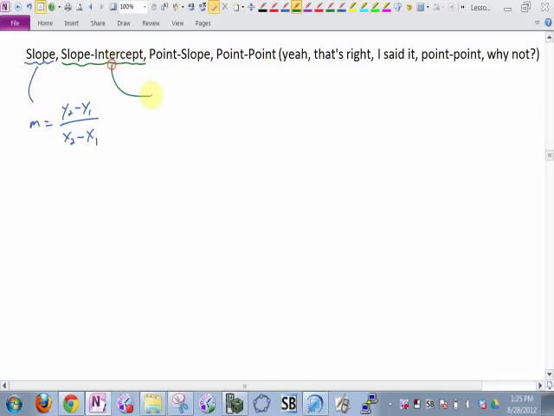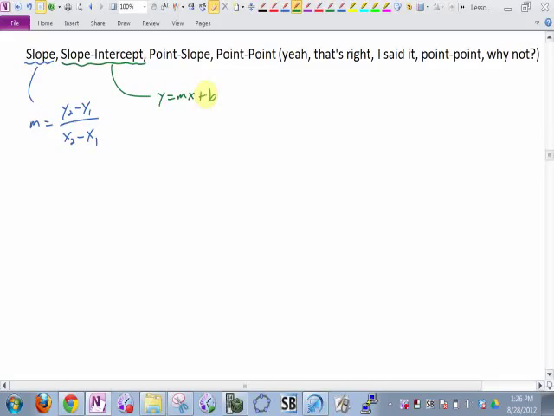What's the slope-intercept form of an equation? y equals mx plus b. So in order to write the equation of a line in slope-intercept form, you have to know what two pieces of information? You have to know m, which is slope, and you have to know b, which is the y-intercept.